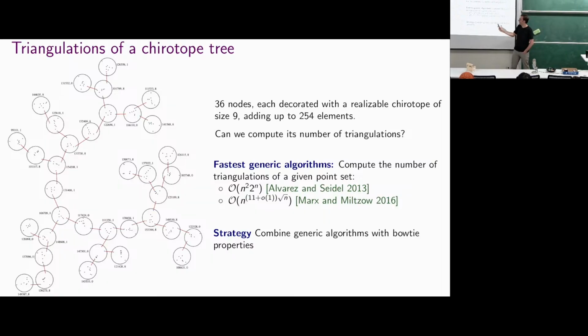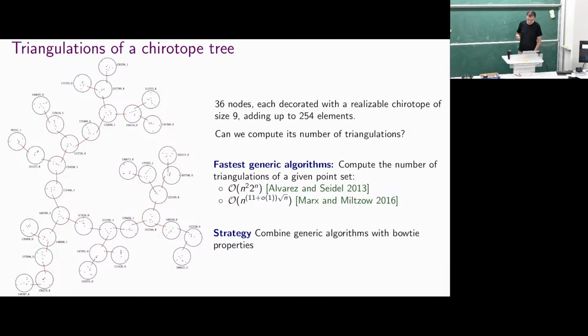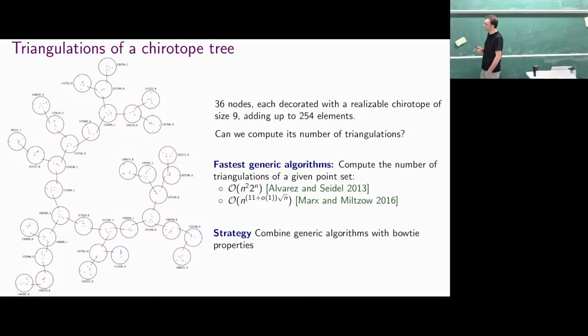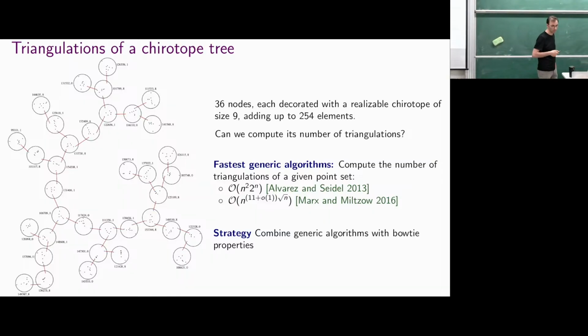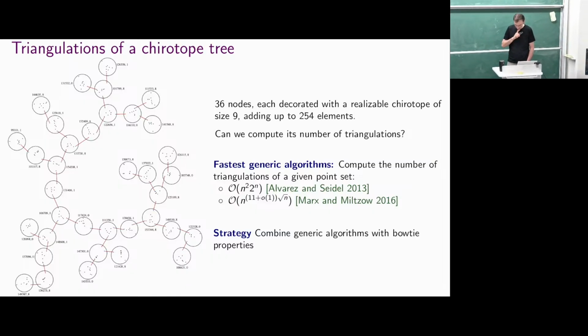It's a simple iterative algorithm that can actually be implemented, but it's exponential. The fastest known algorithm, and I don't know of any implementation, is by Marx and Miltzow, and it's n to the root n. So it's in principle faster.